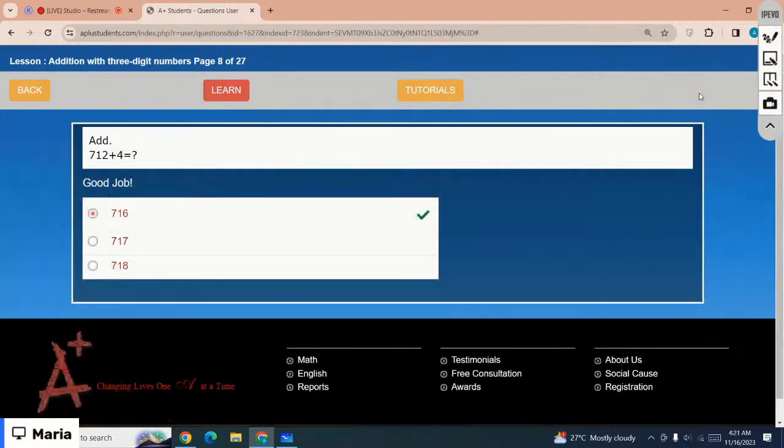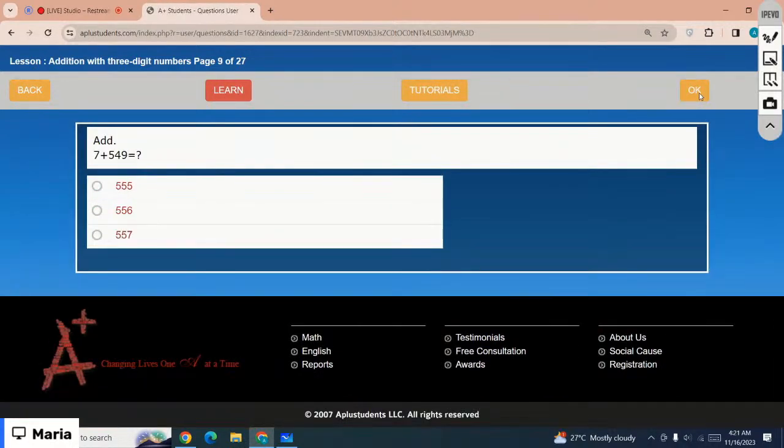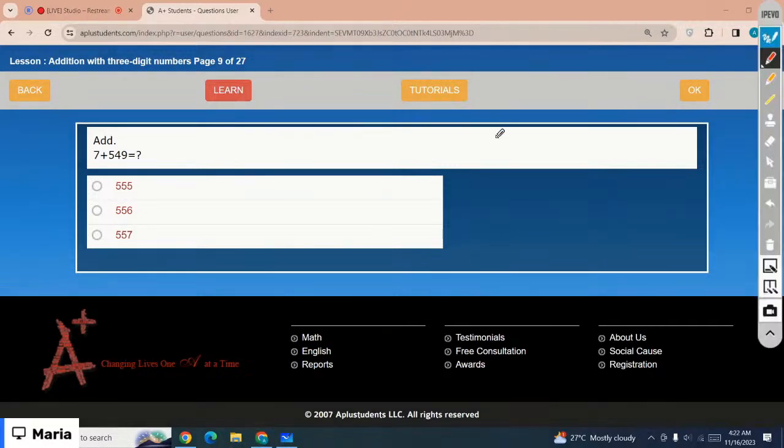Okay, the next one is 7 plus 549. So which is the correct option? So 549 plus 7 is, you have 549, you need to add 7, right?